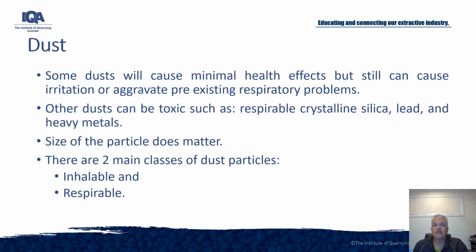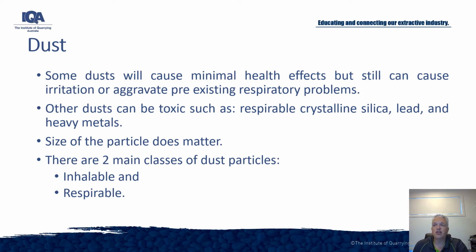There are two main classes of dust particles, inhalable and respirable. We'll cover these in more detail over the next couple of slides, but there are two other additional classes of dust. These are called extrathoracic and thoracic dusts. The extrathoracic are large particles that are trapped in your upper airways and are part of the inhalable fraction, but sometimes they're referred to in literature.